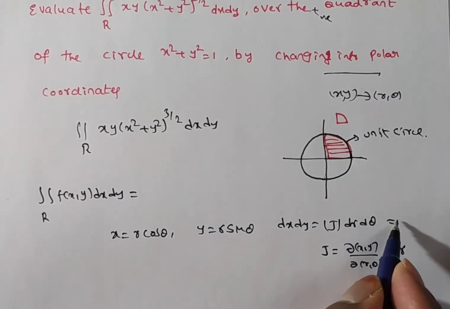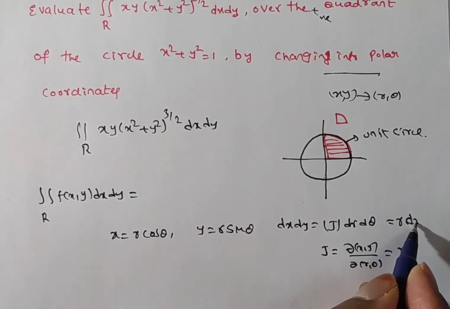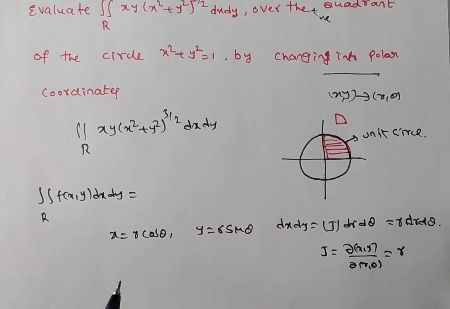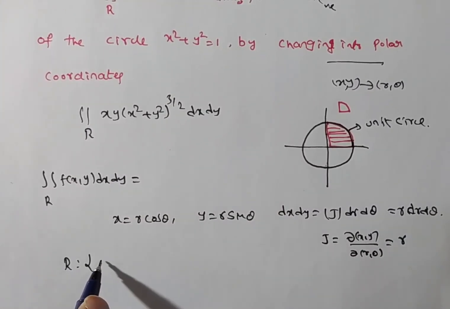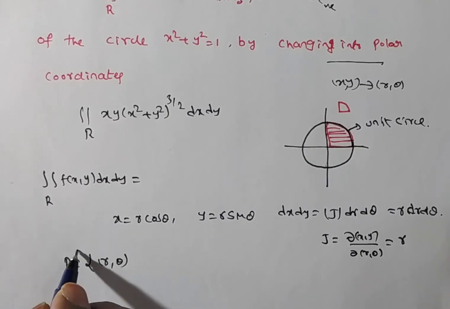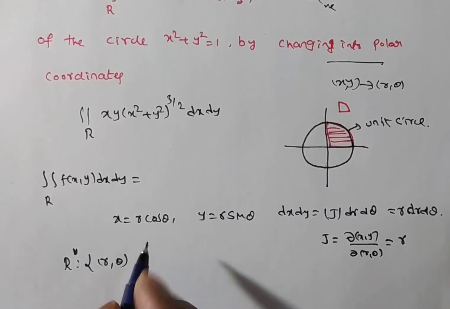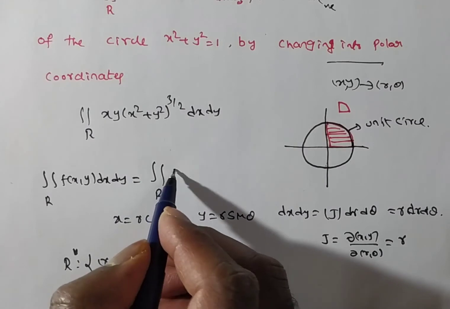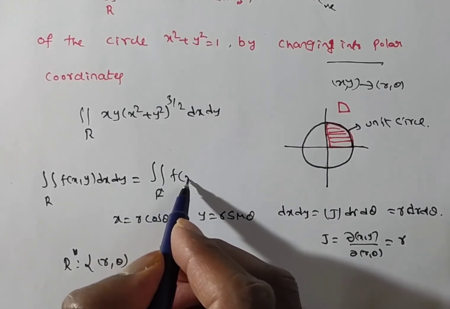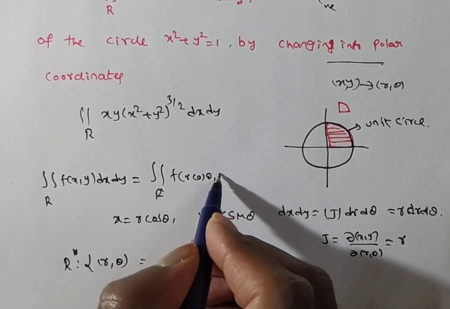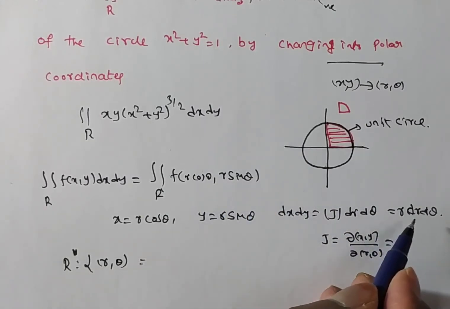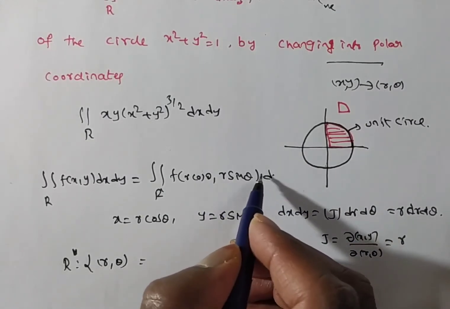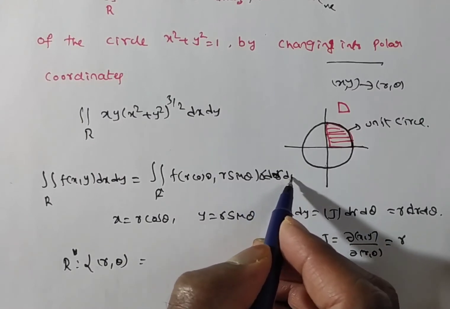Therefore dx dy is r into dr into d theta. And we are changing the region R to R dash. In place of x we substitute r cos theta, in place of y, r sin theta, and dx dy becomes r dr d theta.